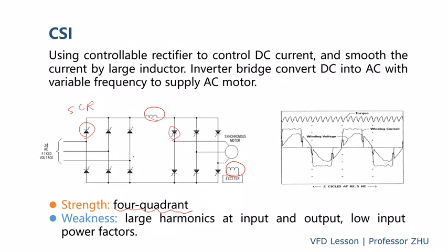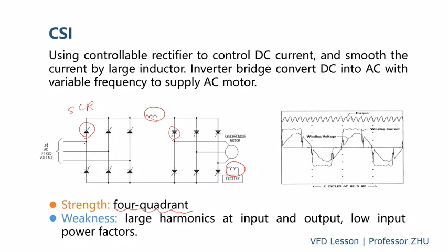If the drive can do regeneration, then the energy can be regenerated back to the grid. Otherwise, the energy going back to the DC side will pump up the DC voltage, or the DC current will be higher, and the drive will trip.